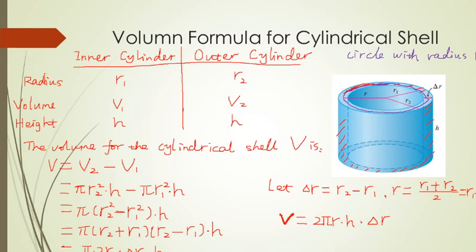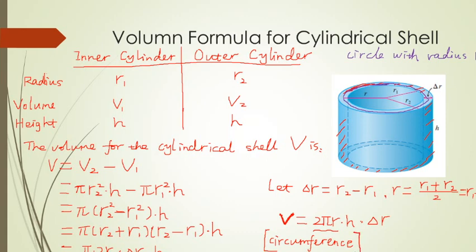How can I understand this expression? What is 2 pi r? If we know the radius is r, this r also gives another circle in purple color. So 2 pi r actually is the circumference of the purple circle I showed here. What is the h?